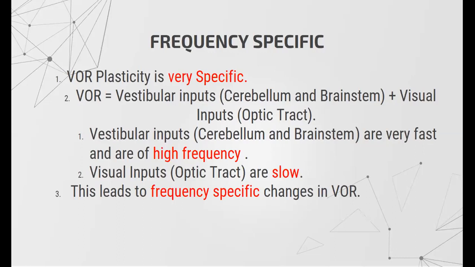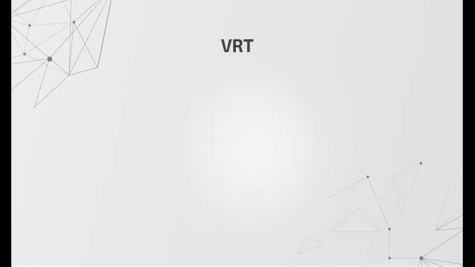If we are only telling the patient to look with their eyes upside and downside and right and left, we are actually doing a therapy for low frequency. But if the lesion is in the vestibular system, we have to train him for high frequency exercises, and we have to increase the cerebellum and brainstem inputs. So that is a point to be taken here.